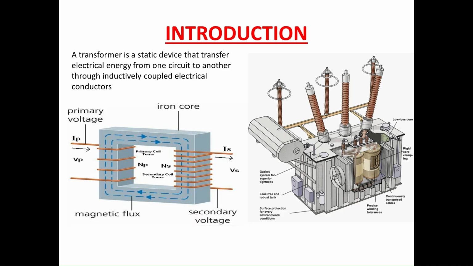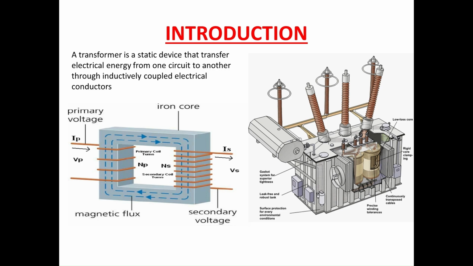That is the principle. The theory is the same, and we have the power and frequency constant. The input power and the output power remain constant, but the voltage and current on the primary side and the secondary side are designed based on our requirement.